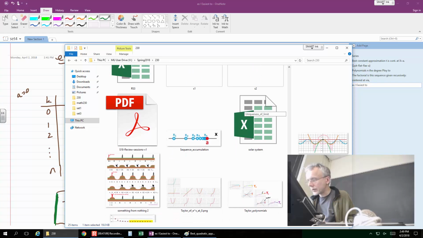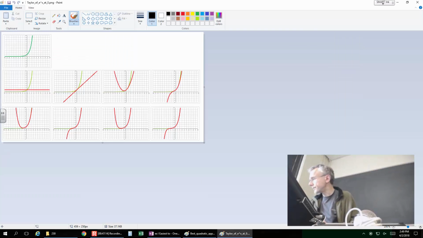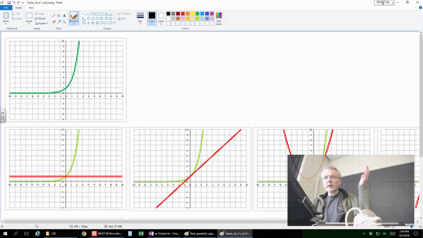Here it is. The exponential function is in green. Once again, the point of interest is here. The exponential function has an asymptote on the left. It goes to infinity fast on the right. The degree 0 approximation is T0.